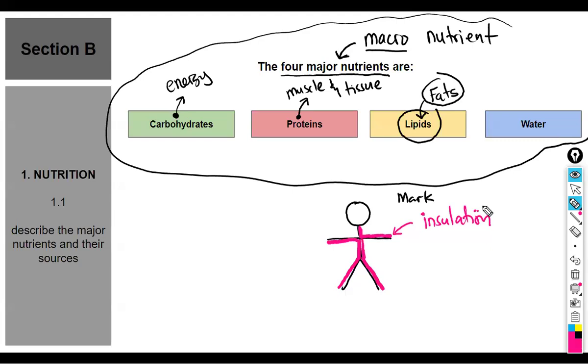No. So fat can actually protect your organs because it's a barrier between you and the force and the organs, right? And a lot of internal organs in your body have fat around them, fat that you cannot see with your eyes.